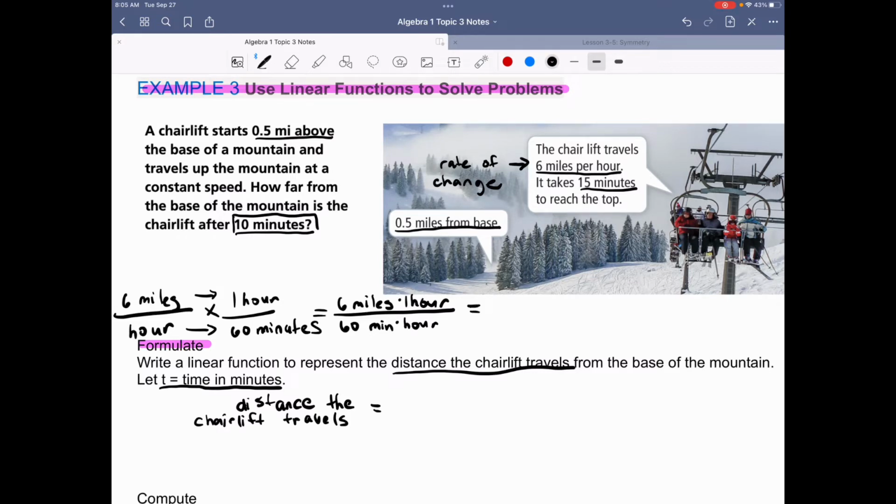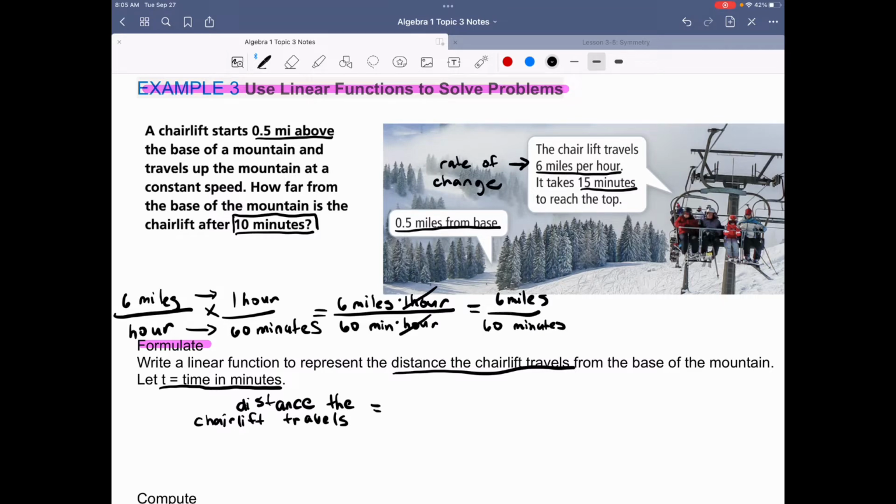With both the hours in the top and the bottom, we can say that it cancels each other out, because an hour divided by an hour is 1. And so we are now left with 6 miles over 60 minutes.